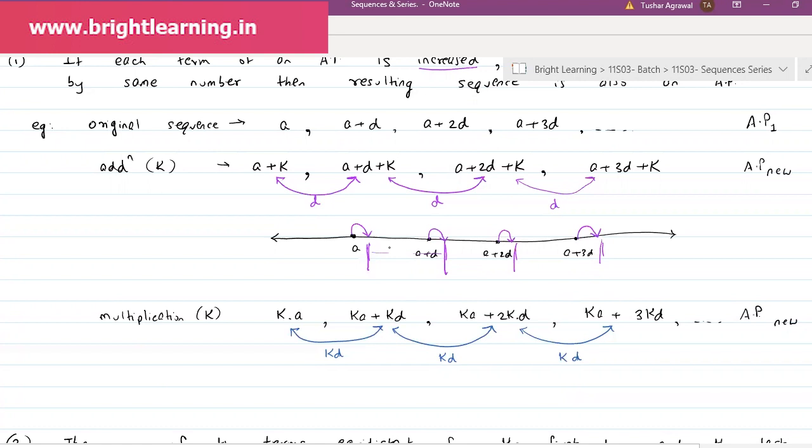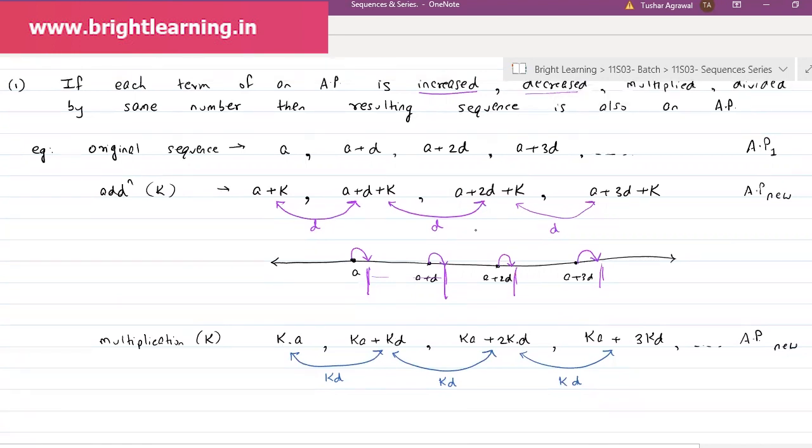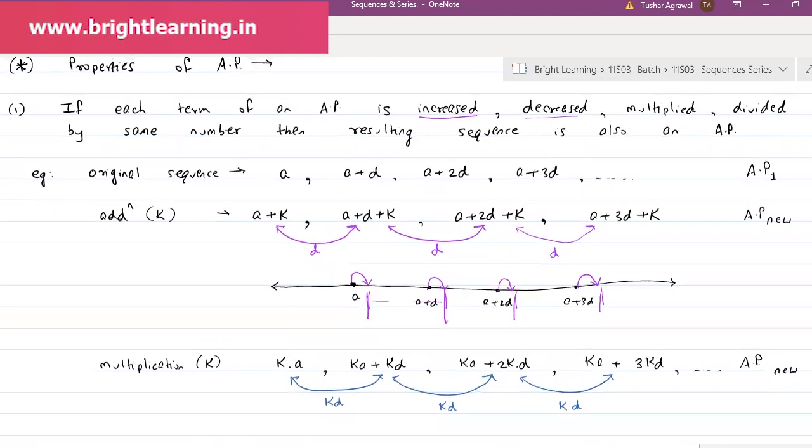The slight difference between changing the terms by increasing or decreasing, and changing the terms by multiplication or division, is this: when you multiply by a constant, or for that matter divide also, the new common difference is different from the original common difference.